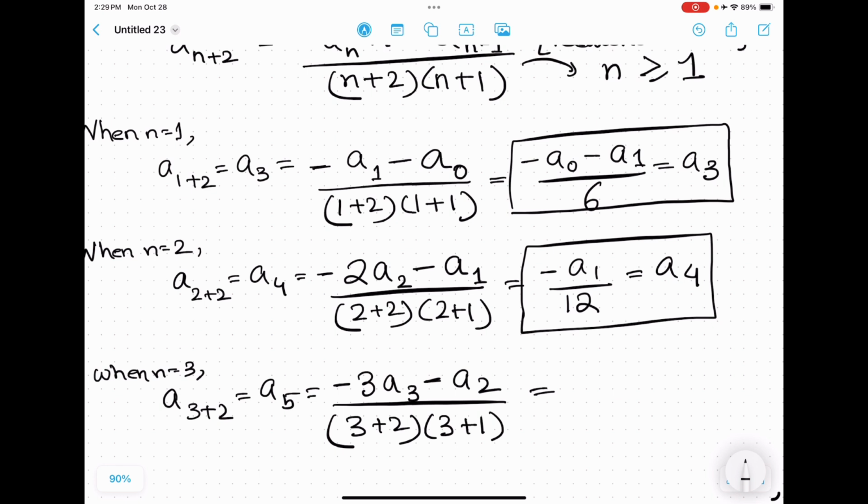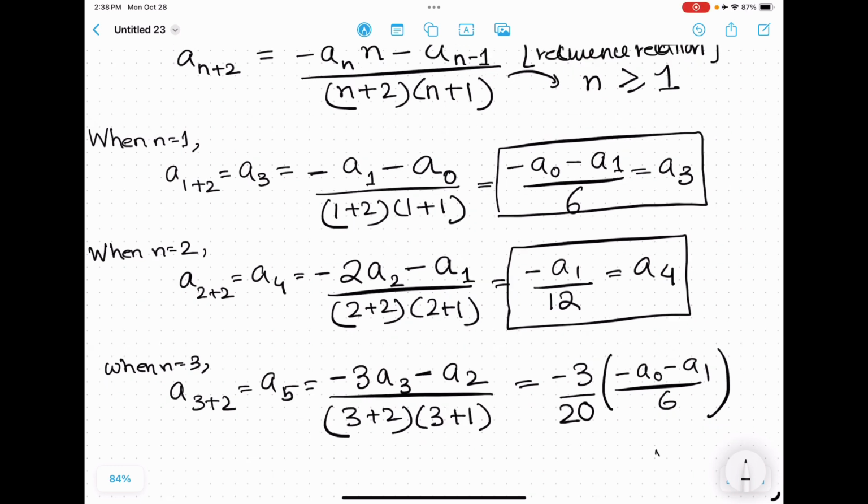We can write our numerator as negative a sub 0 minus a sub 1 divided by 6. And in our denominator, we have 3 plus 2, which is a 5, and 3 plus 1, which is a 4. So 5 times 4 is a 20, which is our a sub 5.